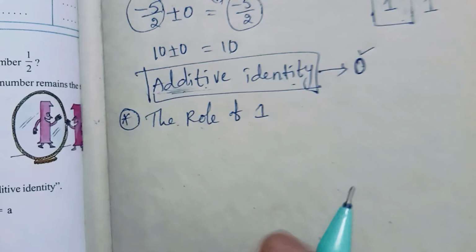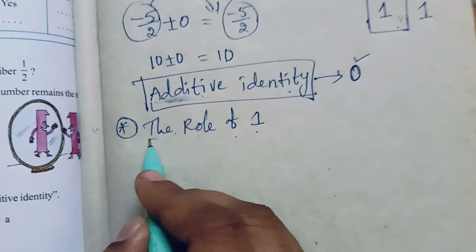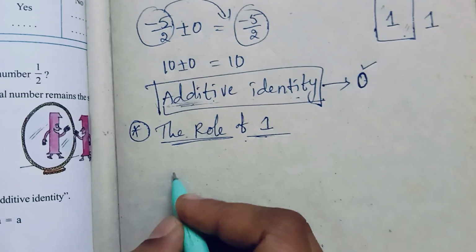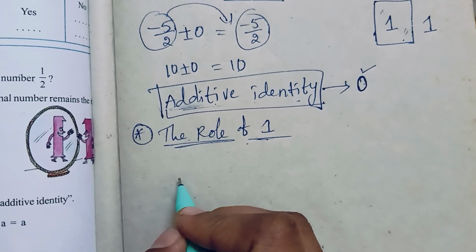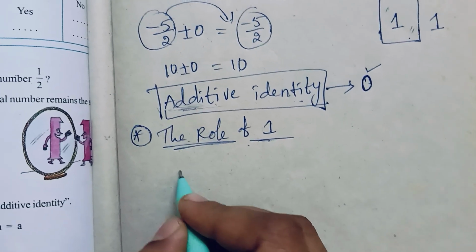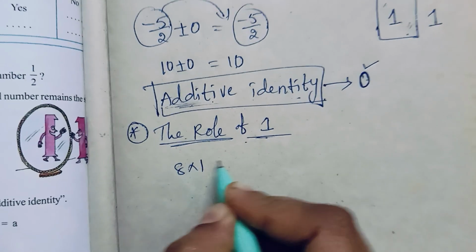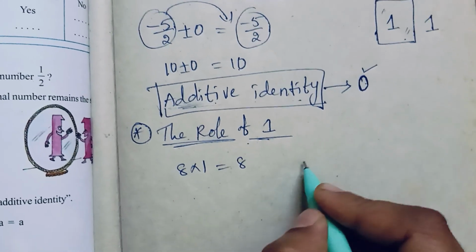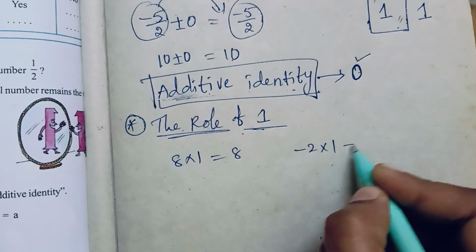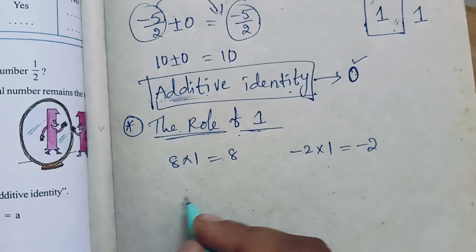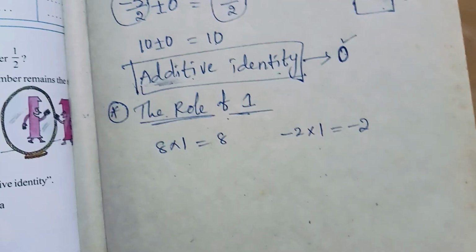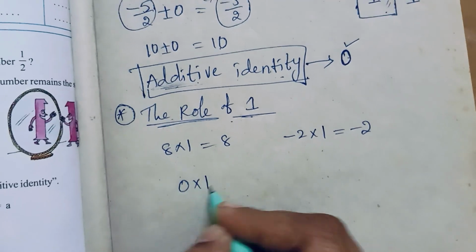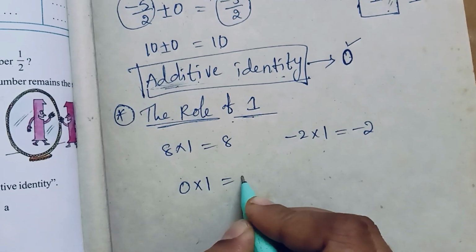At the same time, role of 1. If we do multiplication of any number with 1, for example 8 into 1, you will get 8 only. Minus 2 into 1, you will get minus 2 only. Next, 0 into 1, you will get 0.